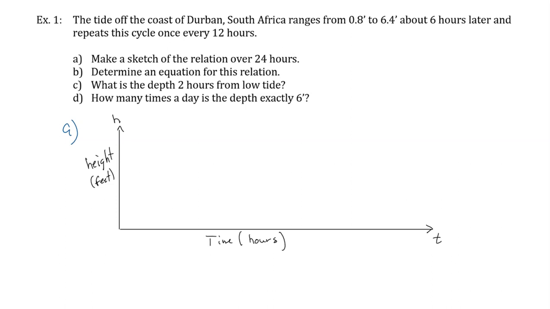The lowest is 0.8 feet, so I don't need a proper scale. I'm just going to come up and put a point here, and I'm going to label it. And I got to get 24 hours into this graph. So 6 hours is about a quarter of that. So I'll go about a quarter. 6 hours later, it goes to the top, and I might as well have my graph using most of the height of the graph as well.